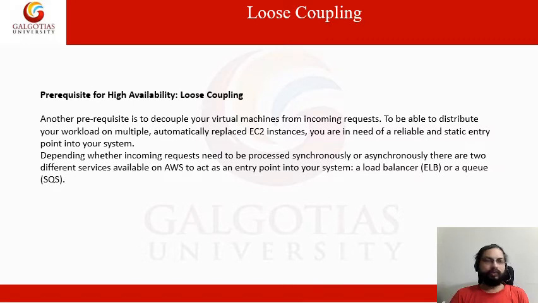Once it is loosely coupled, a prerequisite for availability is decoupling your virtual machine from incoming requests, so that you can distribute your workload across multiple instances, and they are automatically replaced. You need reliable, static entry points into your systems, and depending on this, the incoming request needs to proceed with synchronization and asynchronization.